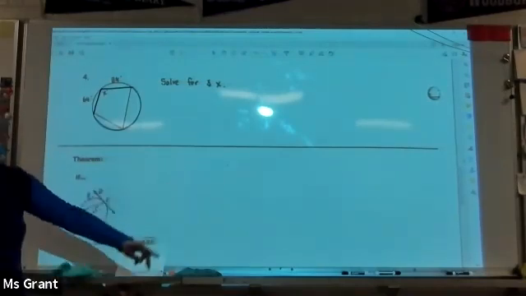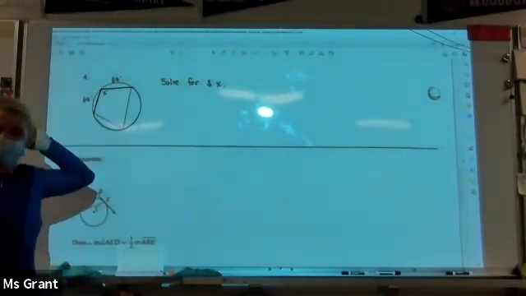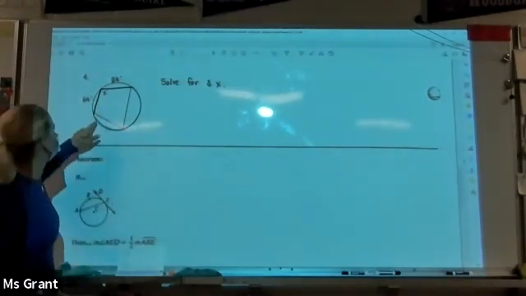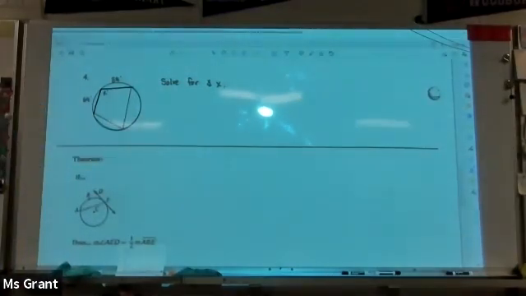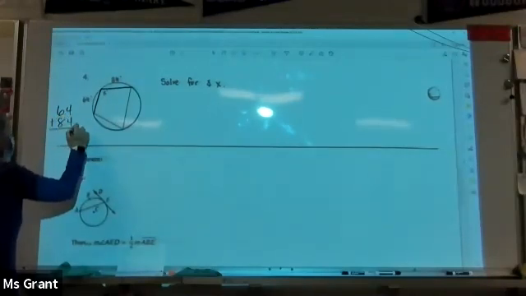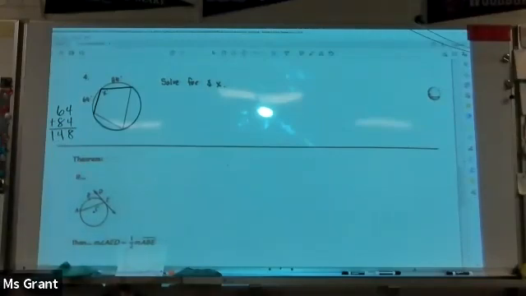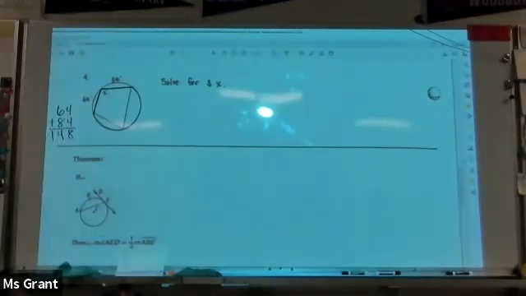If you want, grab a calculator again. What am I going to do if I know the whole circle is 360, but I only care about this blue portion? Would you add up 84 and 64 and subtract it from 360? Yes. So together, the 64 and 84 make 148.